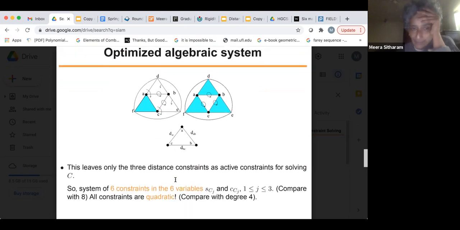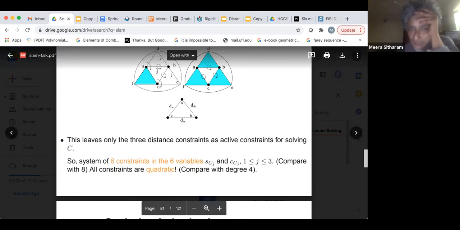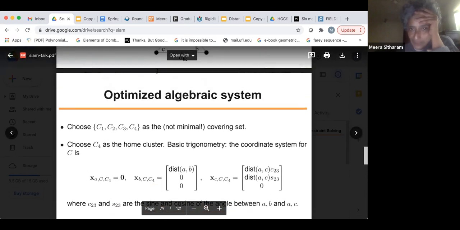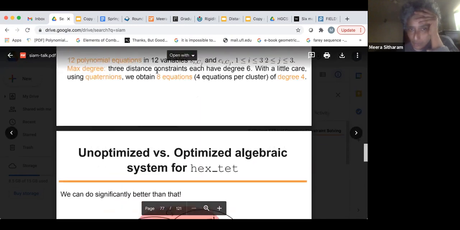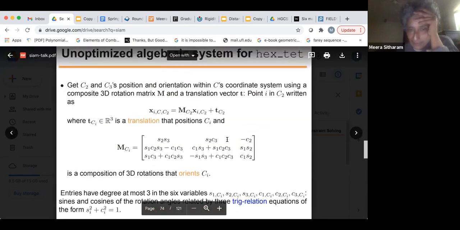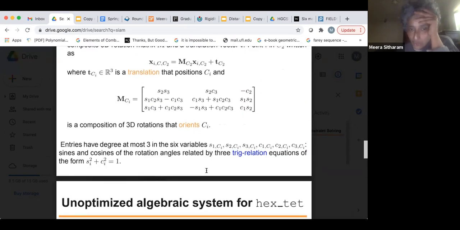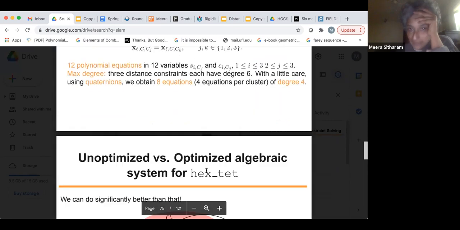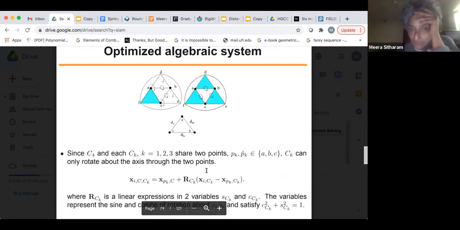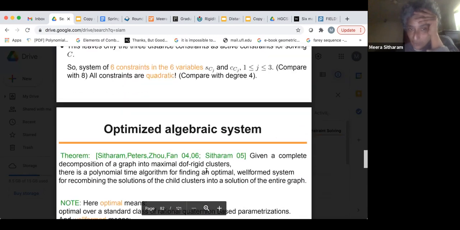The reason is that you have those 3 distance constraints, where if you used all of these rotations and so forth, the rotation matrix here already is quadratic. The rotation matrix here already has all of these triples and so forth, degree 3 stuff in it. And then you're squaring that. So you end up with much higher degree than you do if you do it this way. Okay, so you have this optimized algebraic system.